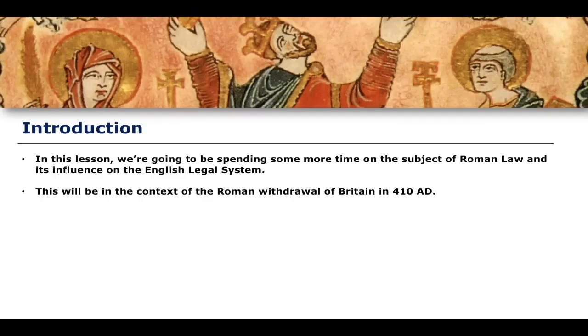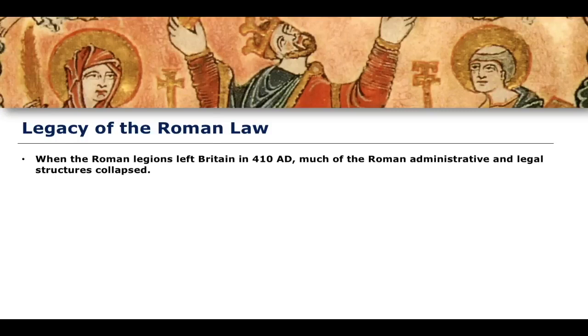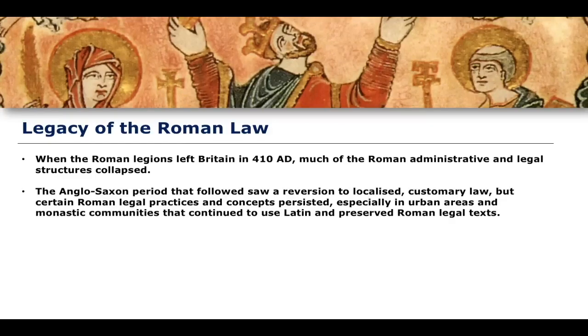So we're going to talk in this lesson about the Roman law traditions that remained, should I say, when the Romans left in 410 AD. And this really speaks more to the legacy of the Roman law. The point that we can make straight away is that when the Roman legions did leave Britain in 410 AD, much of the Roman administrative and legal structures would collapse, and we see the collapsing of those institutions.